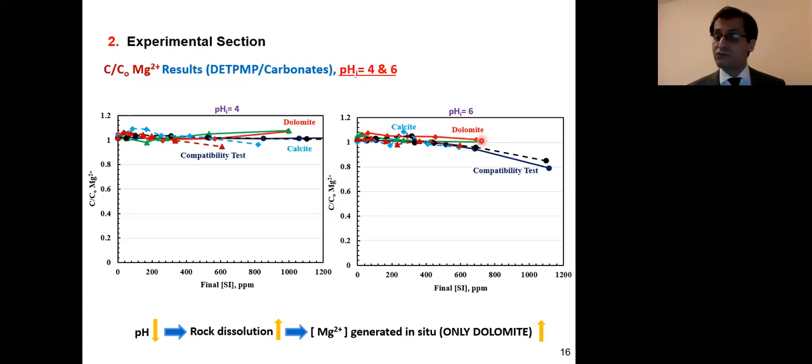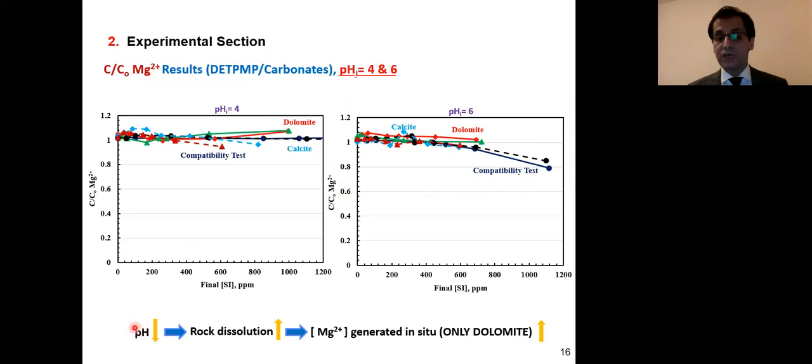leveled off around 1. For the compatibility test, in the absence of the carbonate, magnesium has been involved in a chemical reaction with DETPMP, but not as much as the amount of calcium which I showed in the previous slide.